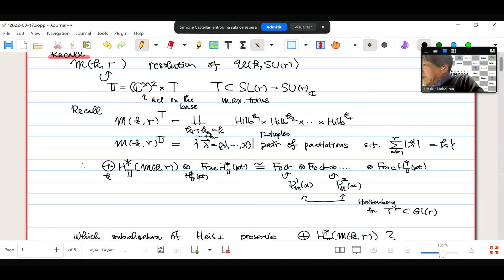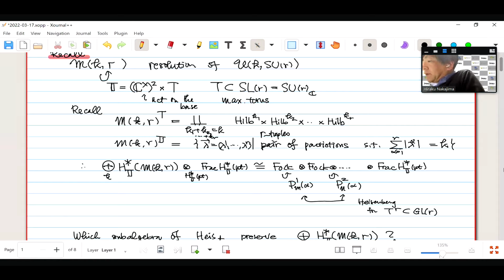So in particular, by the localization theorem, equivariant cohomology of the space is isomorphic to equivariant cohomology of the fixed point set after tensoring with the fraction field of equivariant cohomology of a point. If you tensor with this fraction field, then it decomposes into a tensor product of R copies of Fock space, tensored with the fraction field.